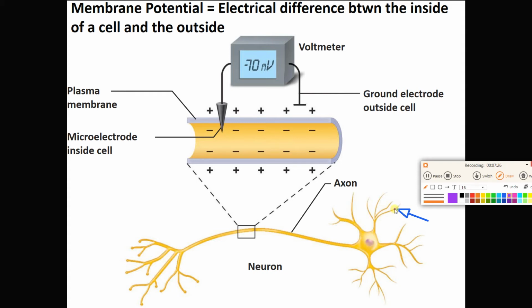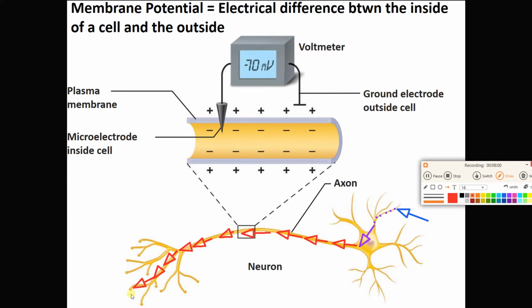The membrane potential changes right here, which makes it change right here, which makes it change right here, and so on. You can kind of see where I'm going with this. It changes all the way down, like a row of dominoes being knocked over, the membrane potential changes in sequence.